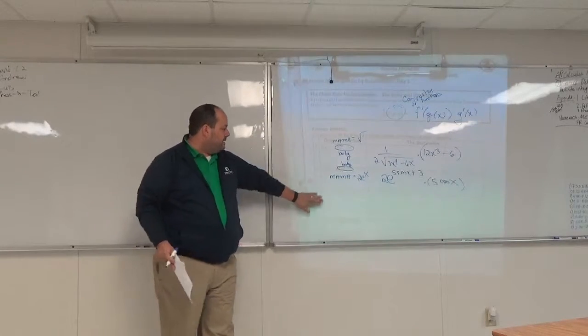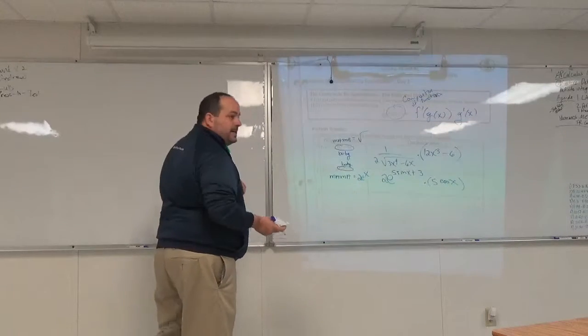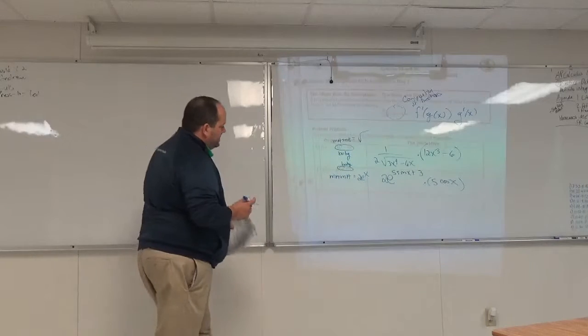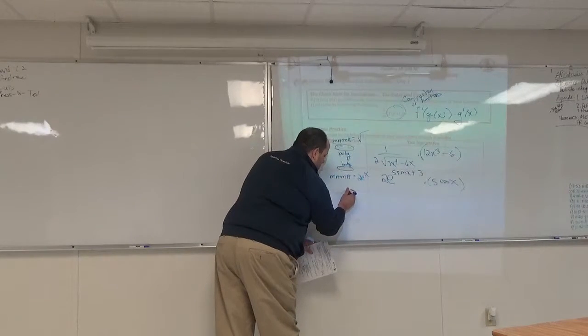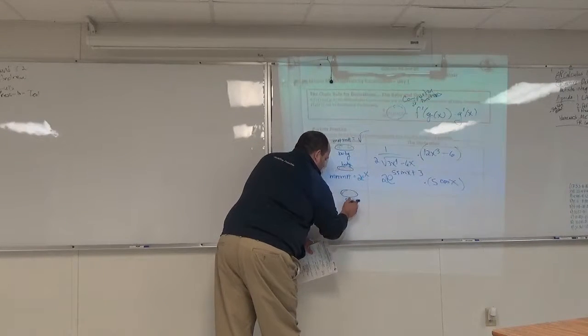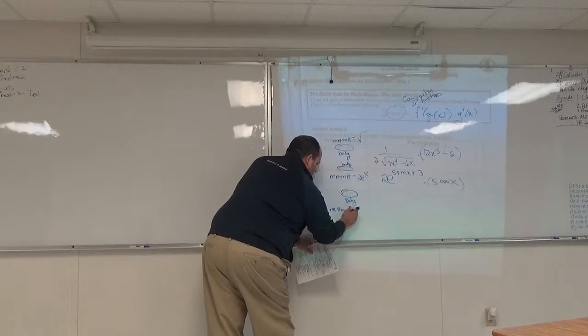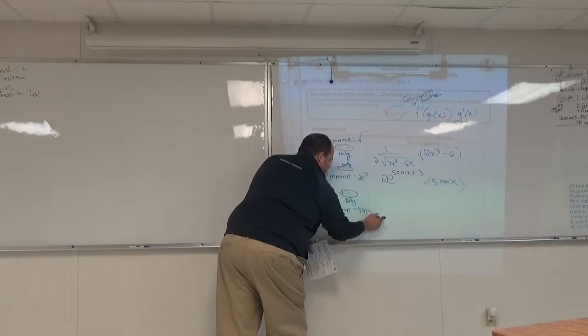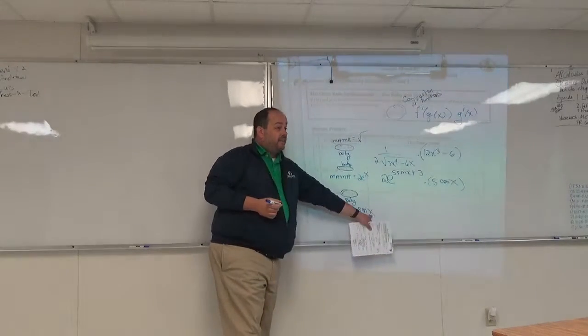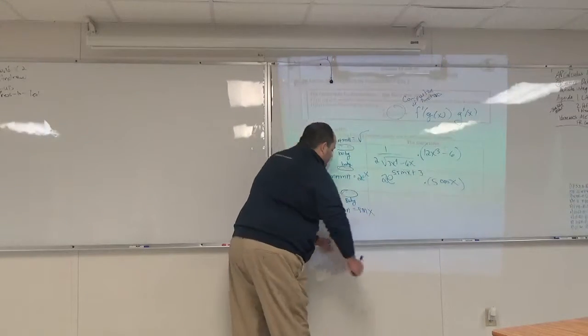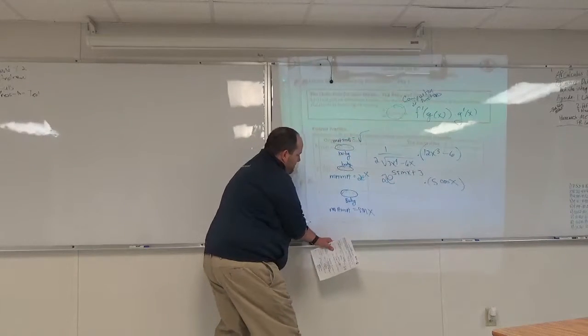Myra, number 3, when you look at this one, do you see a baby and a mom? Yes. Where's the baby? The baby is e power negative t plus 8. Okay, good. There's your baby. Where's the mama? Sine. Okay. But I want to make sure we're saying it's not just sine, it's sine of stuff, right? It's sine of x. And so the derivative over here, Myra, what's the derivative going to be?